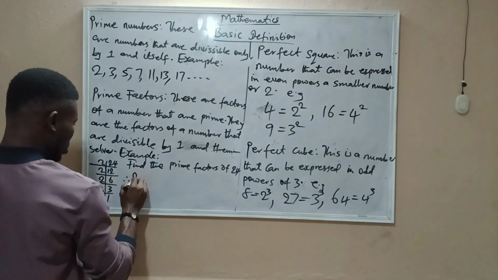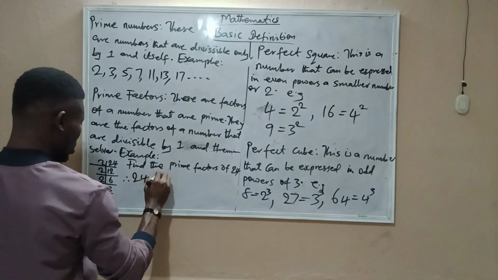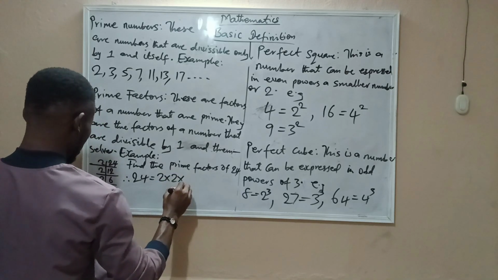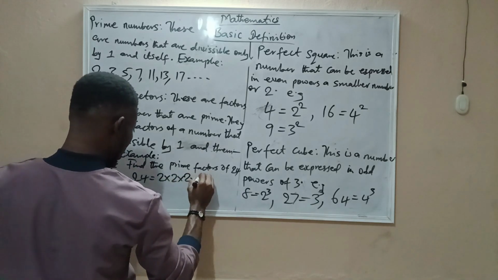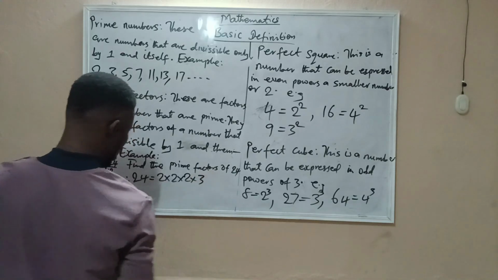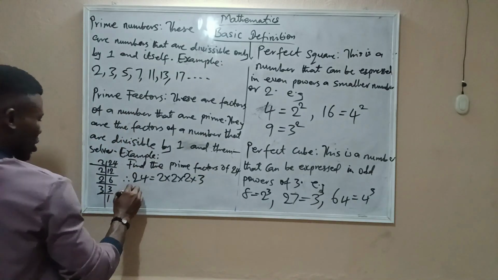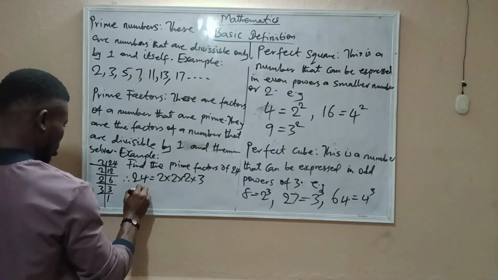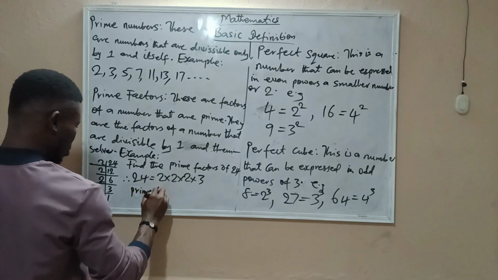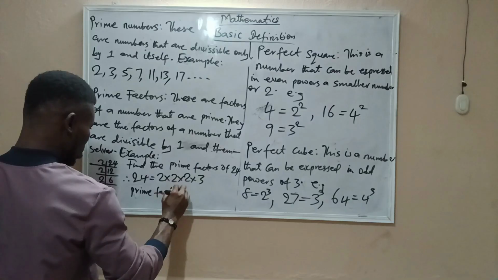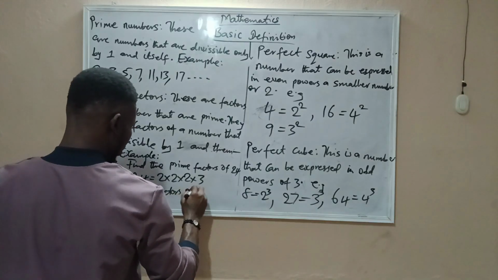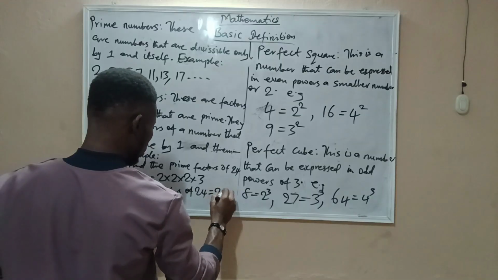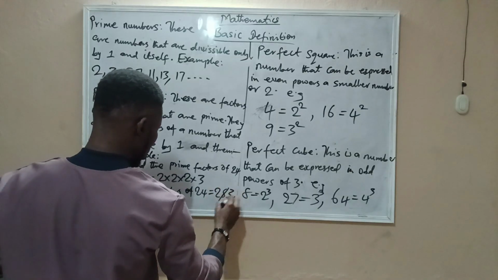Therefore, 24 equals 2 times 2 times 2 times 3. And then the prime factors of 24 now are 2 and 3.